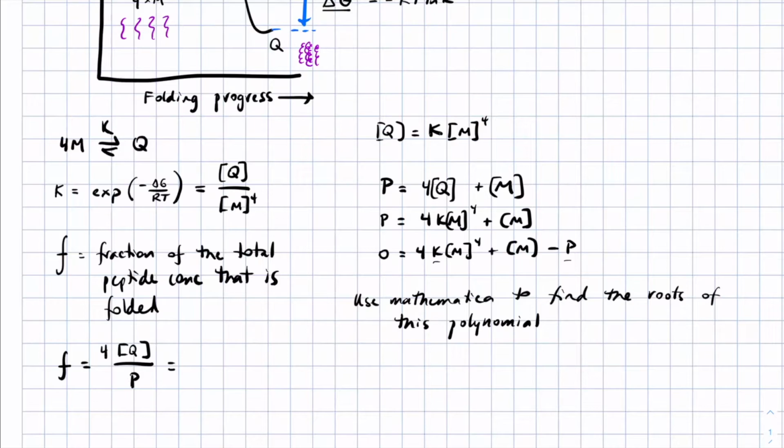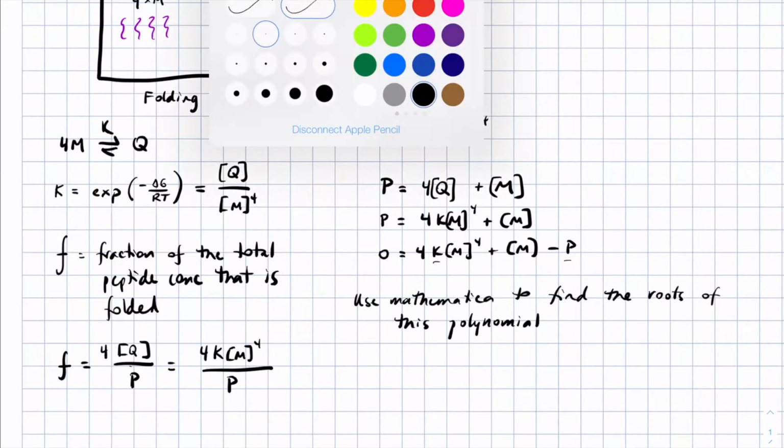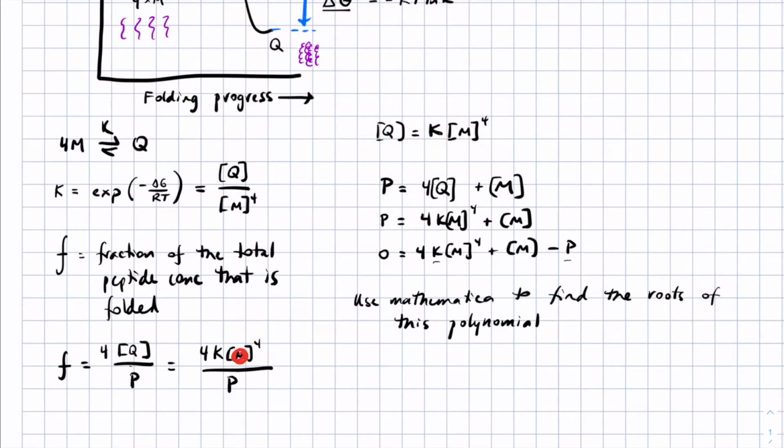The fraction folded is going to be 4 times the tetramer concentration divided by p, or in other words, 4 k m to the 4th divided by p. Remember that the expression for the monomer that we get from finding these roots depends only on p, which is a constant, and the equilibrium constant, which is temperature dependent and depends on delta G. We're going to vary delta G such that this equation for fraction folded matches what we observe for fraction folded.